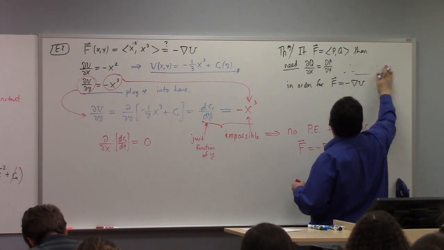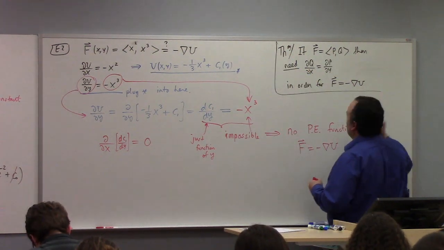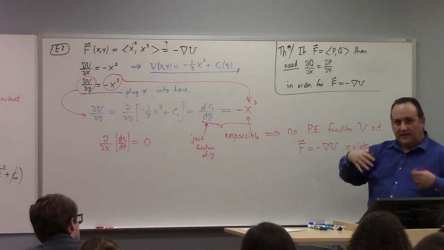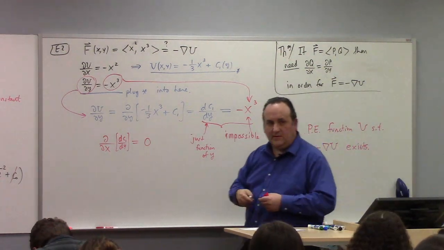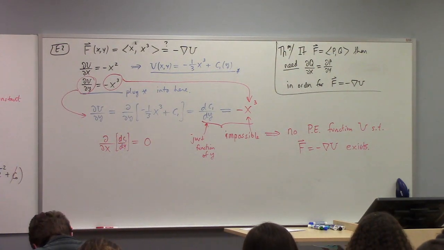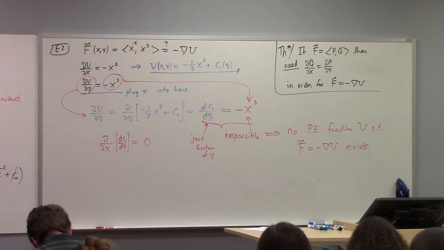So that's a helpful little theorem to know about. It gives you a quick way to check. Of course, you could always go through this derivation like I just did and find out, oh, I can't actually calculate the potential energy. You can do that, or you can make this quick, simple little check at the start of the problem.